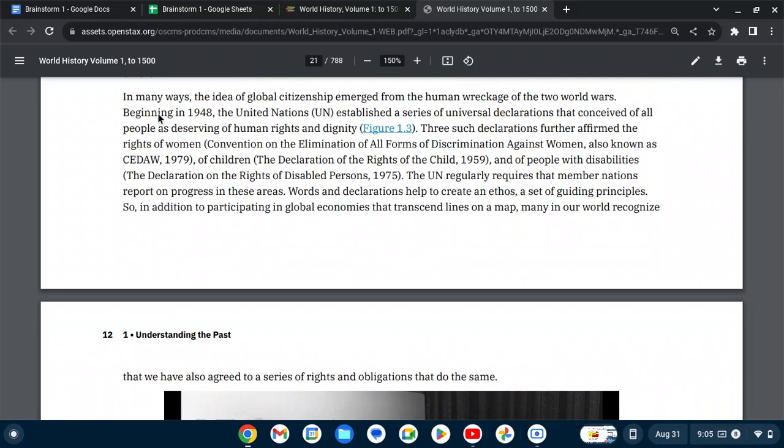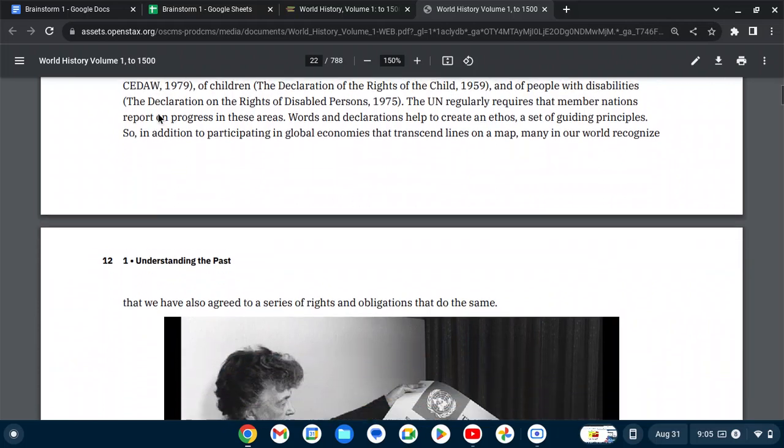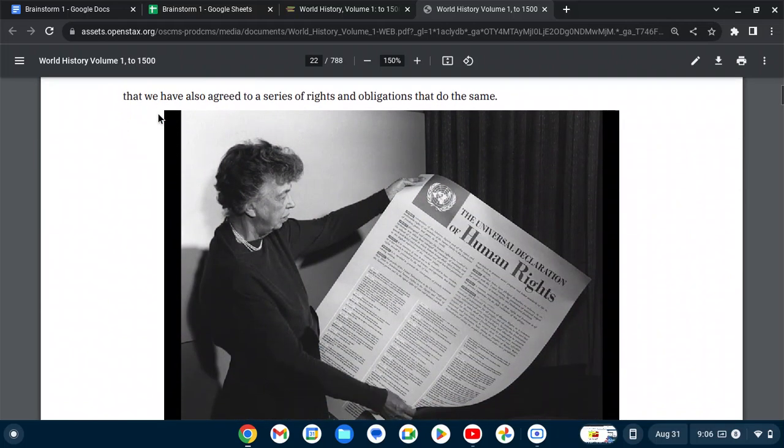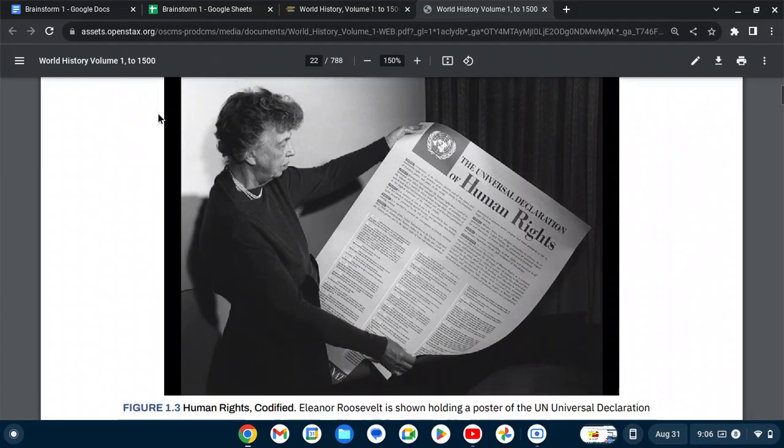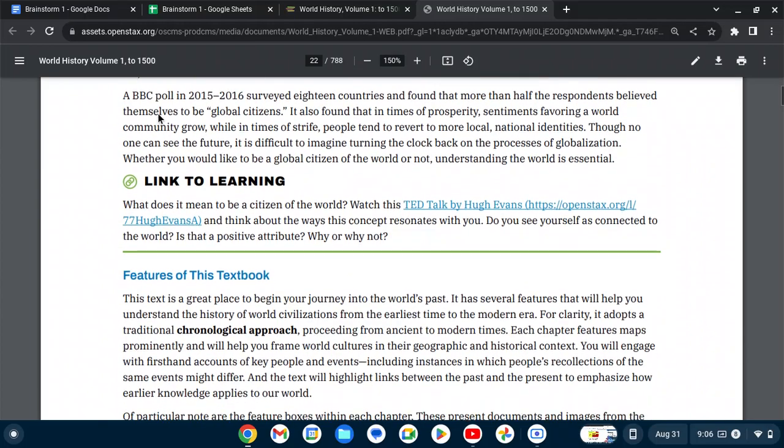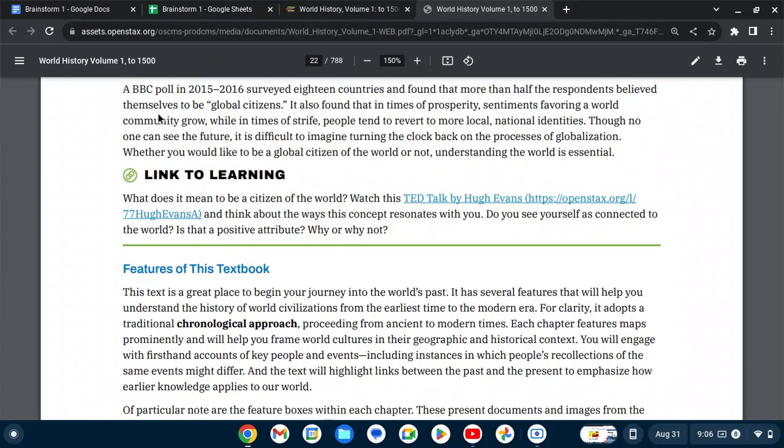Words and declarations help to create an ethos, a set of guiding principles. So, in addition to participating in global economies that transcend lines on a map, many in our world recognize that we have also agreed to a series of rights and obligations that do the same. A BBC poll in 2015 to 16 surveyed 18 countries and found that more than half the respondents believed themselves to be global citizens.